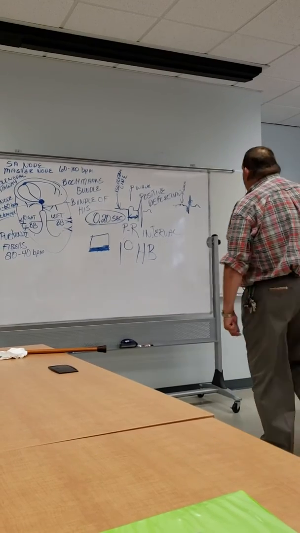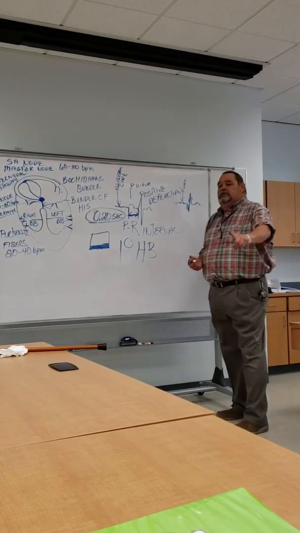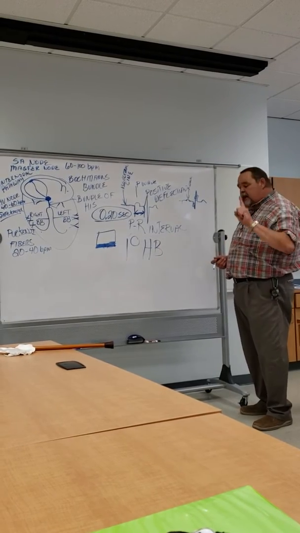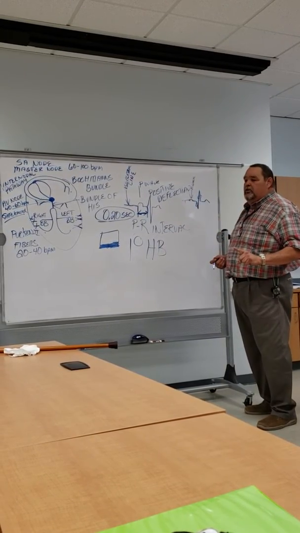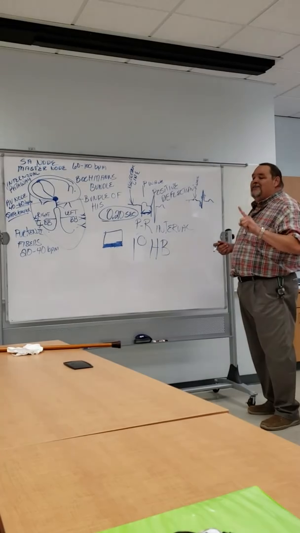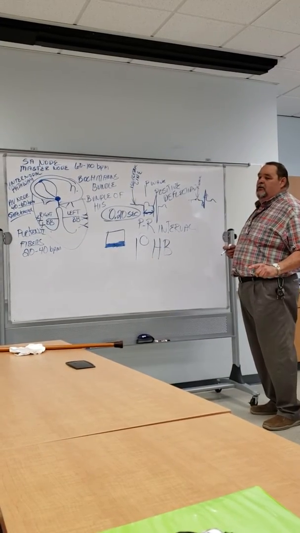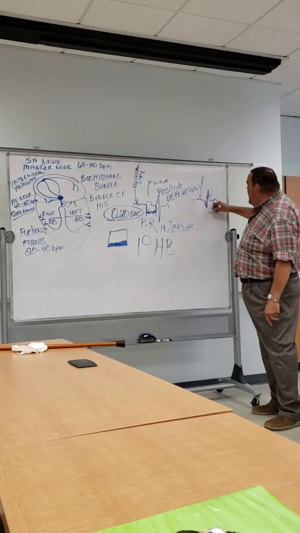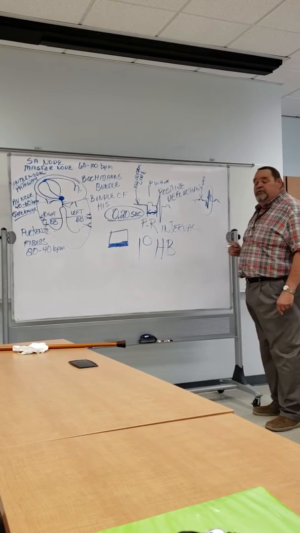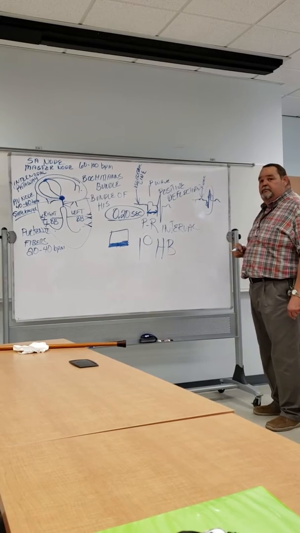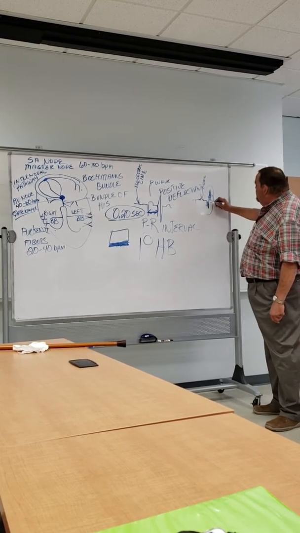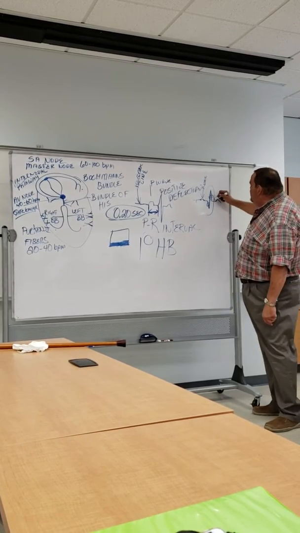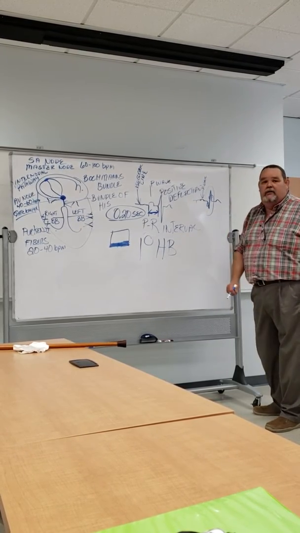Now, what I need you to understand is the Q wave is the first negative deflection off the isoelectric line in the QRS. Okay, in this right here, the first negative deflection is the Q wave. The first positive deflection is the R wave, and then your next deflection is the S wave.